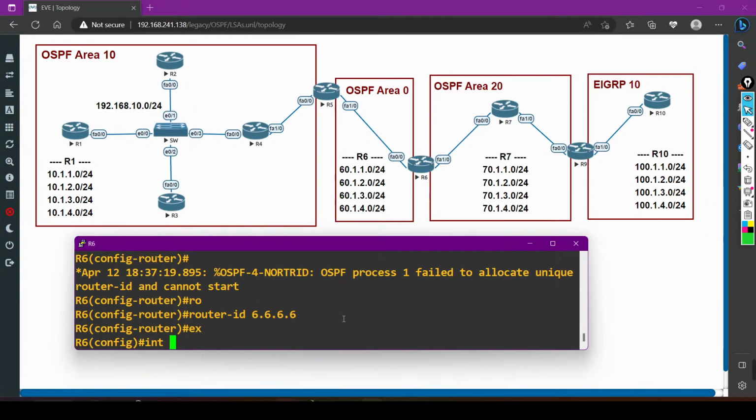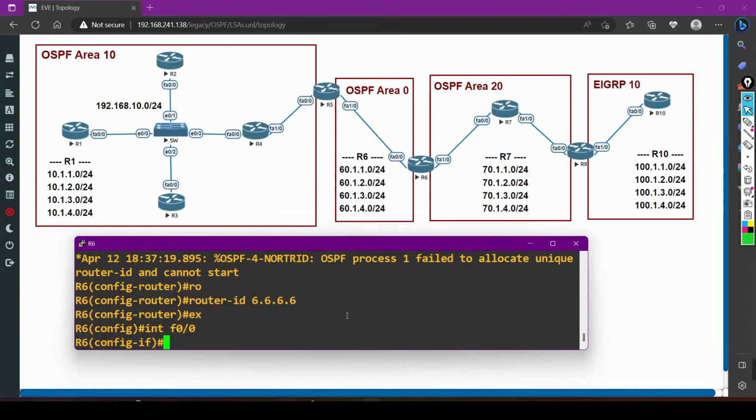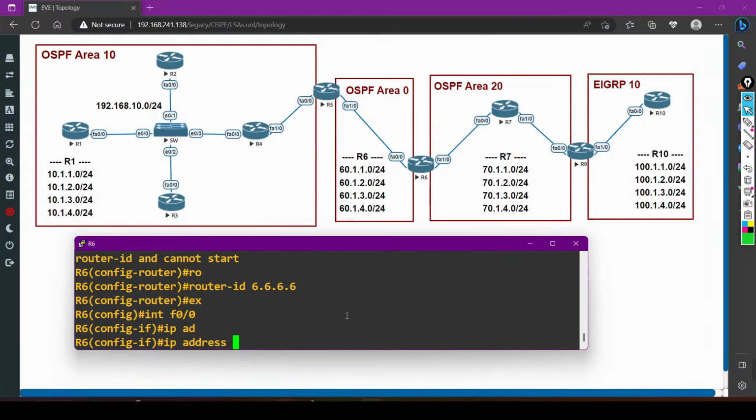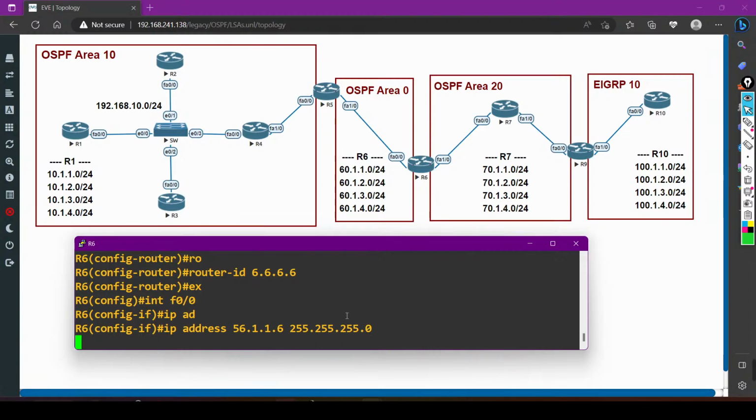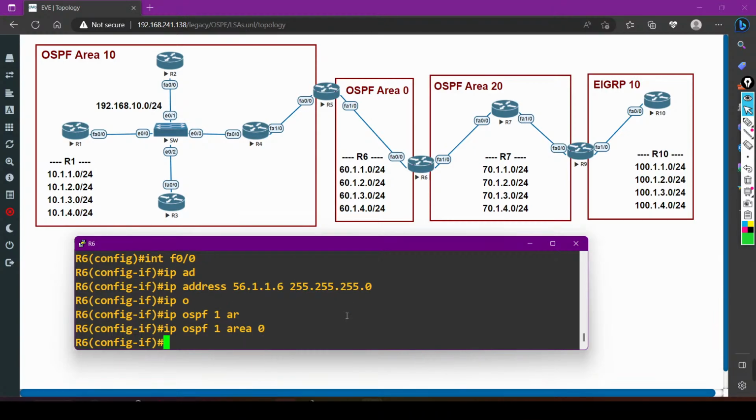Now interface F0/0. Here I have configured IP or not? No. So IP address. What will be the IP over here? 56.1.1.6, 255.255.255.0 and IP OSPF 1 area 0. Yes or no? So this router also becomes what? ABR.